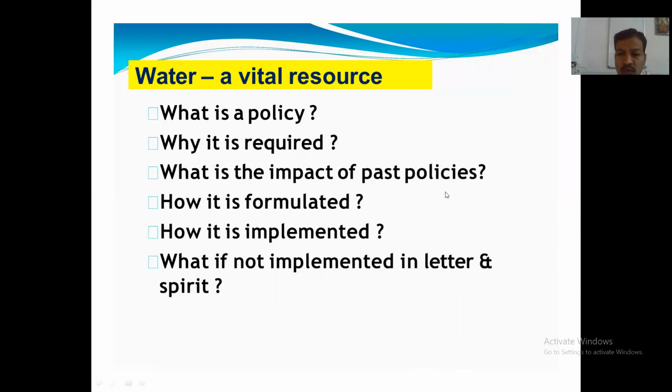This national water policy which was enacted, so water is a vital resource. This is one of the important resources that is utilized by every human being. It is required for daily use, for drinking purpose, for domestic use, for cooking purpose, bathing purpose. The water is needed.